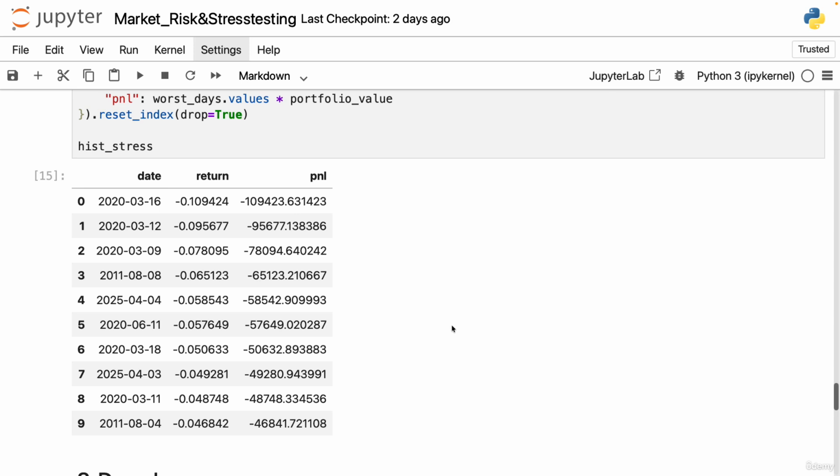The worst day in the dataset, which might not surprise you if you followed the markets during this time, occurred on March 16, 2020, with a return of approximately minus 10.9%, leading to a loss of about 109,000.